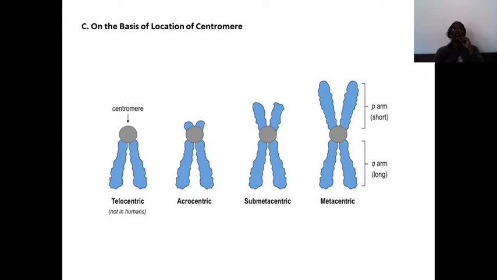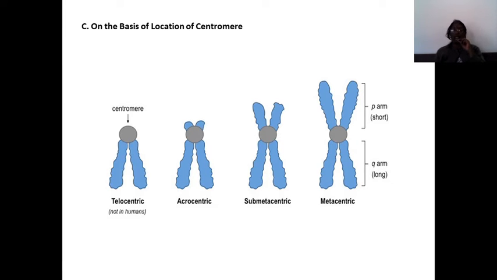Means on the basis of the location of the centromere, the chromosome is classified as submetacentric, which during anaphasic movement has an L shape. Metacentric, during anaphasic movement, has a V shape. Acrocentric chromosome during anaphasic movement shows a J-shaped structure, while telocentric has an I-shaped structure.